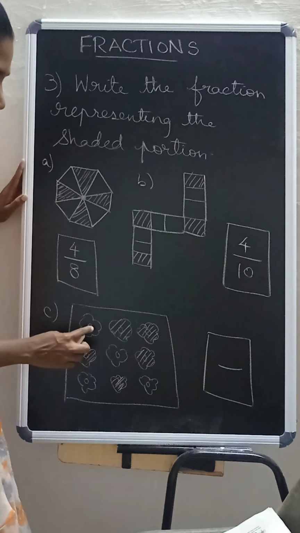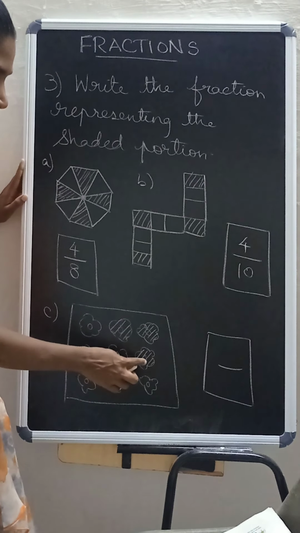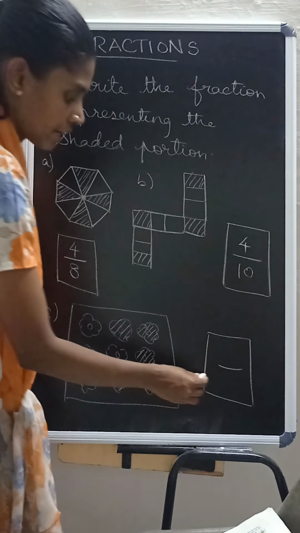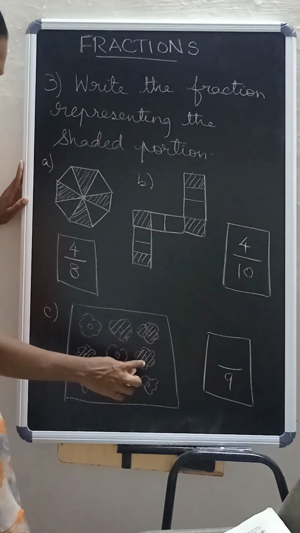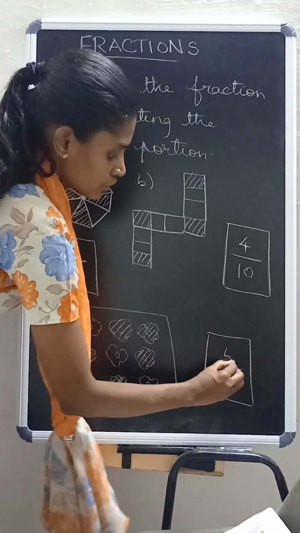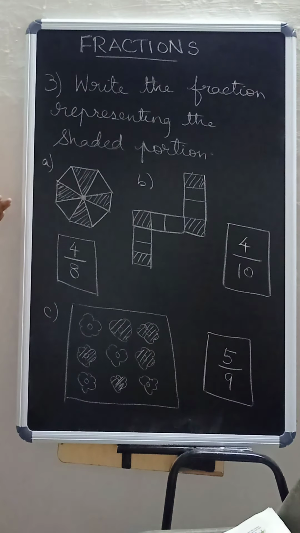Here you have 1, 2, 3, 4, 5, 6, 7, 8, 9. So you have 1, 2, 3, 4, 5 shaded. So 5 by 9 part. So this is representing the shaded portion in fractions.